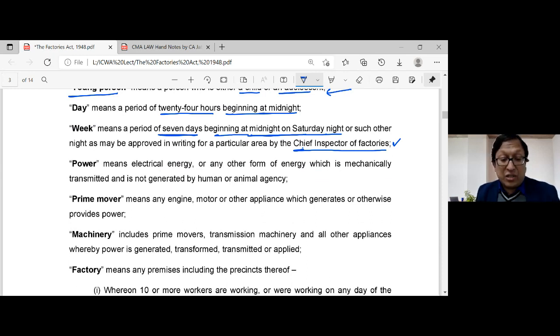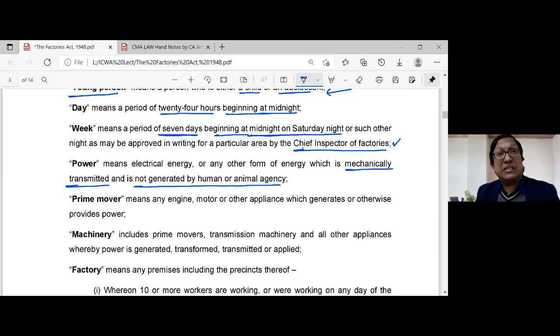Then power. Once we say power, in layman's language, we say electricity. But we use power in the Factories Act only if the machines are running with electricity. Power means electrical energy or any other form of energy which is mechanically transmitted and not generated by human or animal agency.